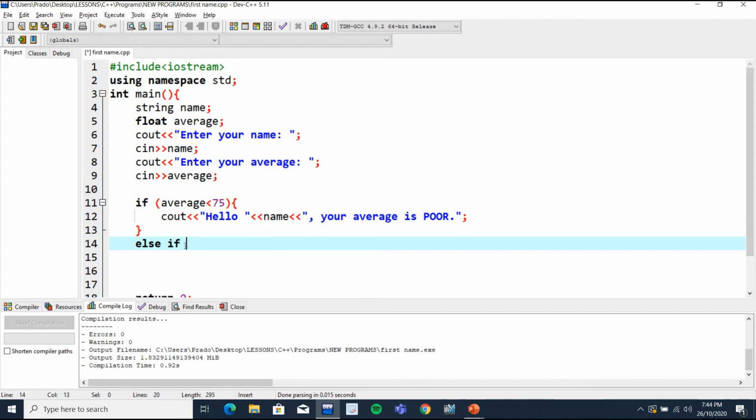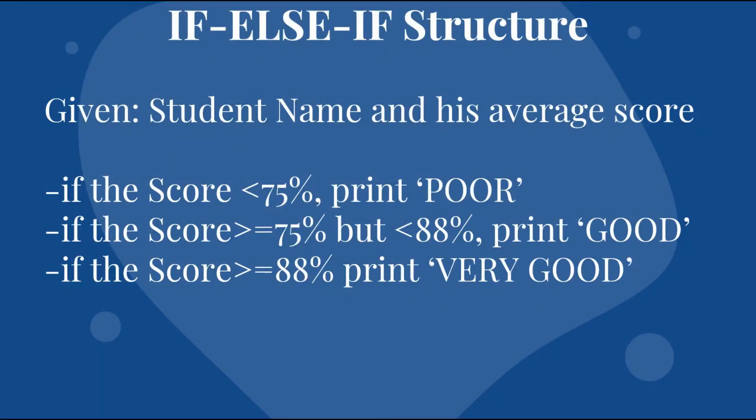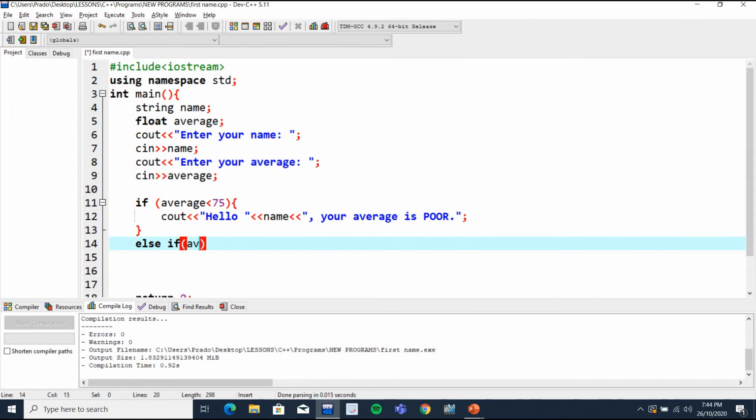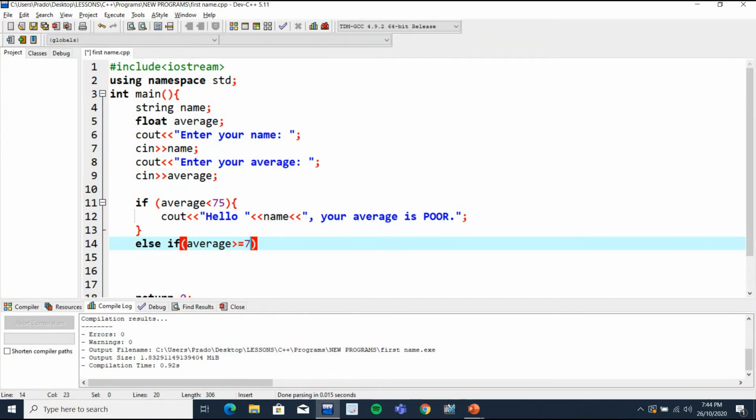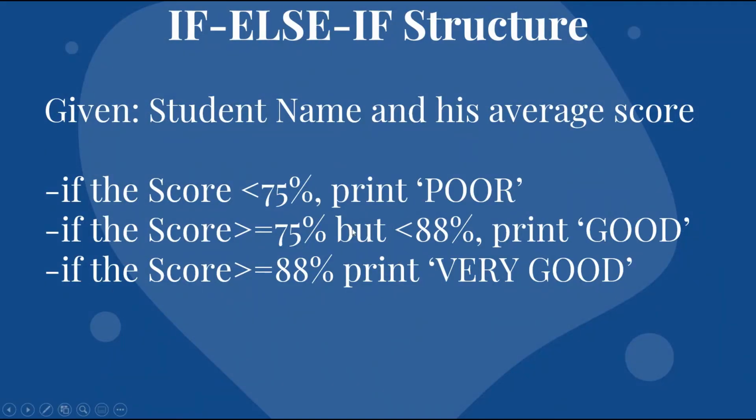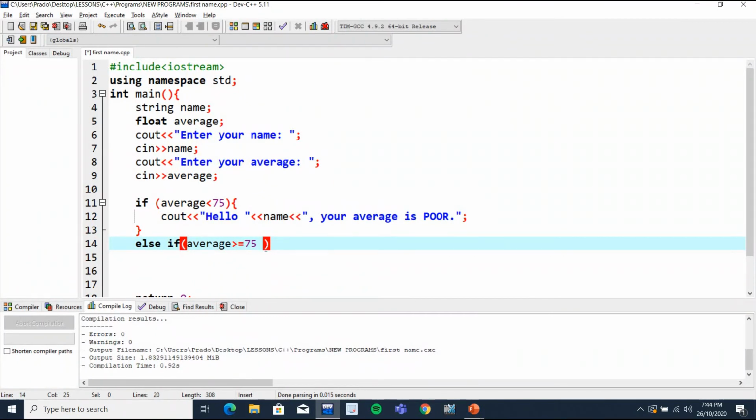So, else if, yung pangalawang condition, which is average is greater than or equal to 75, and then meron siyang but less than 88. So, ang gagamitin po natin dito is yung dalawang and na na-discuss last time. Hindi pwedeng or, kasi kapag or, parang pinapamili mo lang si mismong program kung anong babasahin niya.